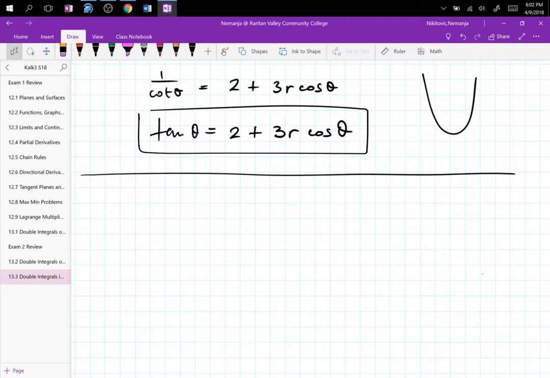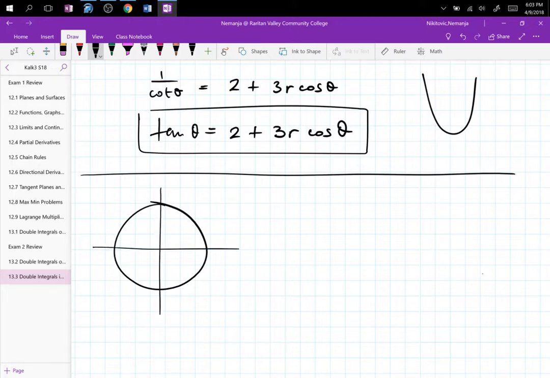Now, instead of the standard xy plane, we are going to have the polar graph, which is actually a circular domain like this.